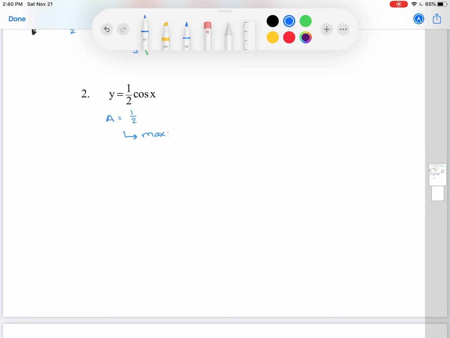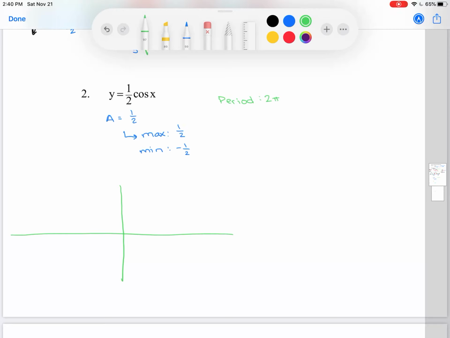So I'm going to go ahead and do question 2, which is our cosine now. Cosine with an amplitude, your a value in the very front is going to be 1/2. Well, if my amplitude is 1/2, then that tells me that my maximum is going to occur at 1/2, while my minimum will be at negative 1/2.